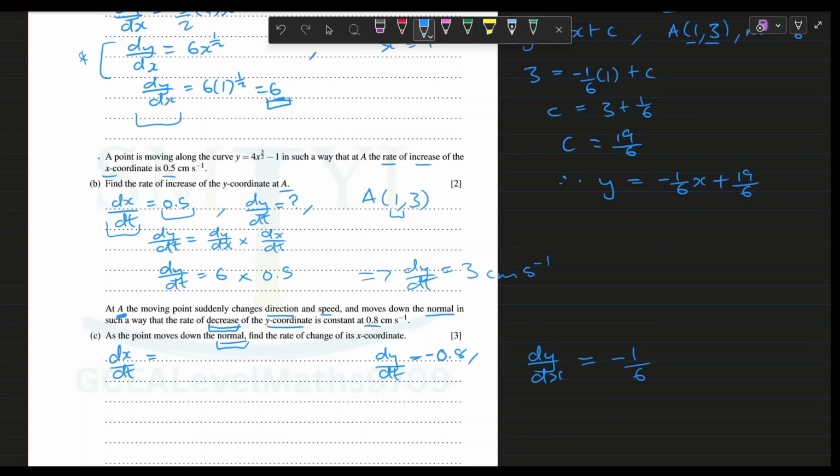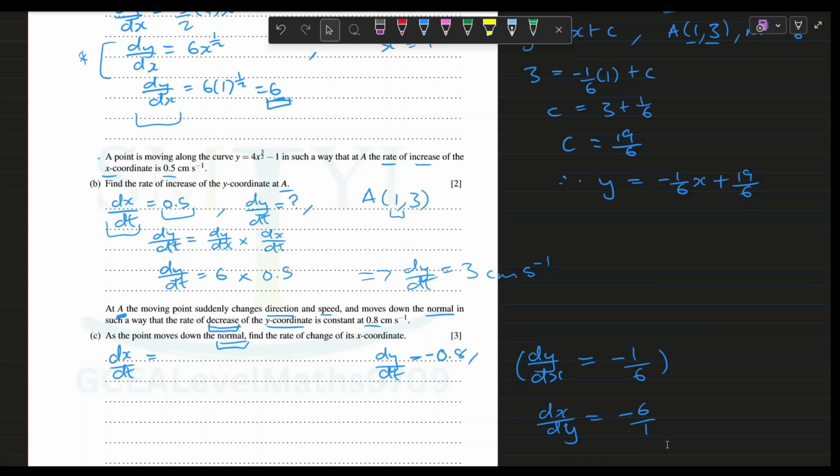And so we can say dx/dt is equal to, we're going to create a chain rule for dx/dt and say that we want a dx in the numerator, so that will come from flipping our dy/dx. We can flip dy/dx so that it becomes dx/dy, and what you do on one side you do on the other, so we can flip the right-hand side so that it becomes negative 6 over 1, which is just negative 6.